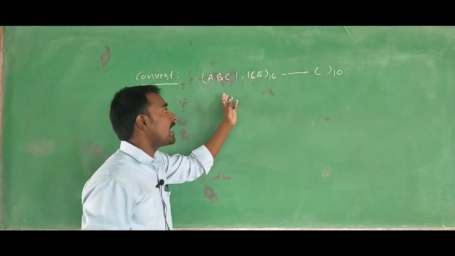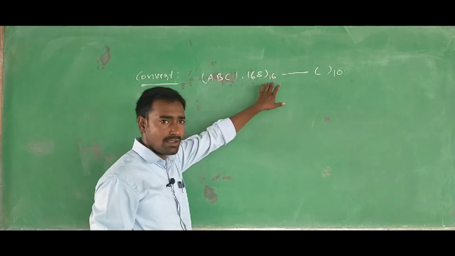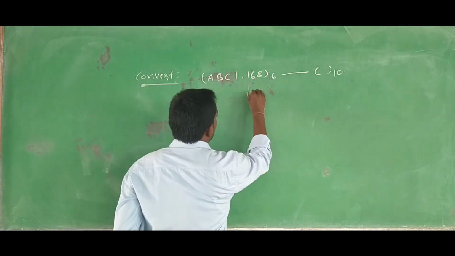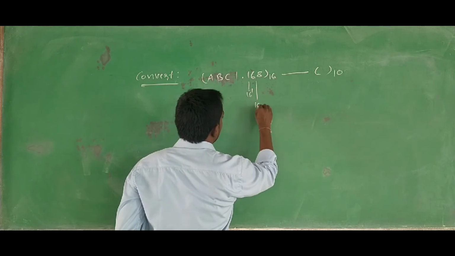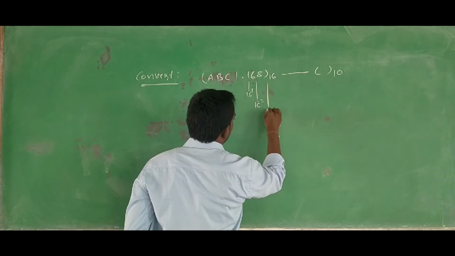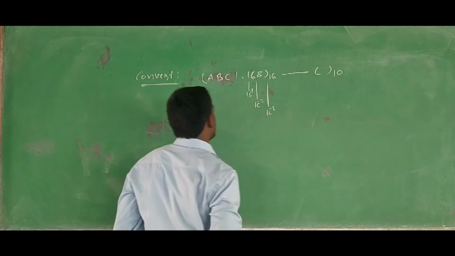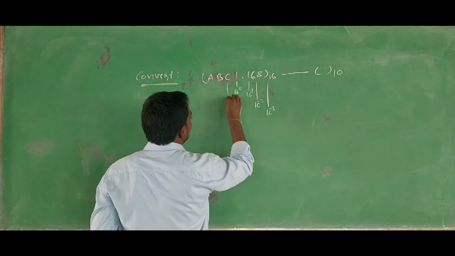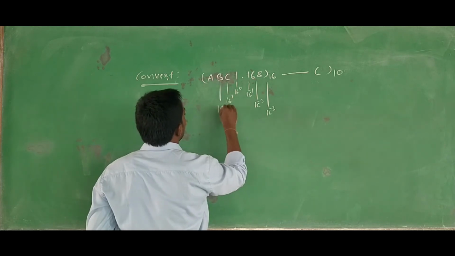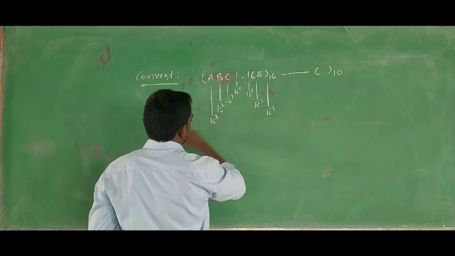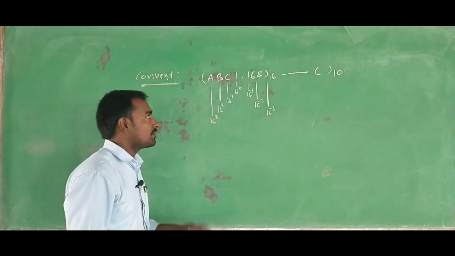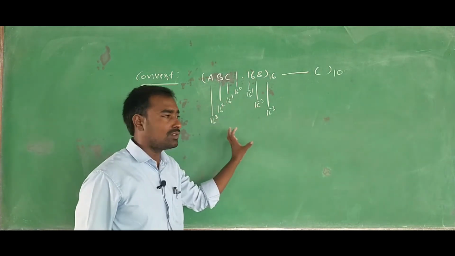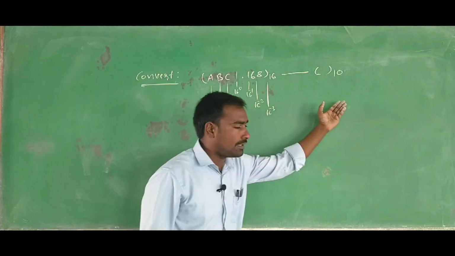So in this we have to multiply with 16 for each value, and this indicates 16 to the power of minus 1, 16 to the power of minus 2, and the 8 indicates 16 to the power of minus 3, and on the left side the positions are 16 to the power of 0, 16 to the power of 1, 16 square and 16 cube. When we multiply each value with its respective base value, we will get the equivalent decimal number.